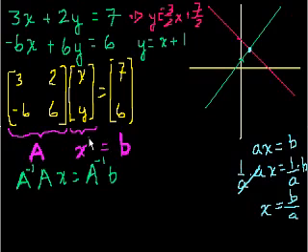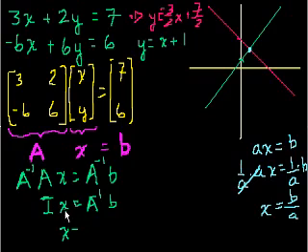All I did is I took this expression, I multiplied both sides by A inverse. And what's A inverse times A? Well, that's just the identity matrix, right? That's the identity matrix times x is equal to A inverse b. And of course, the identity matrix times any other matrix is just that matrix. So that's just the vector x equals A inverse b.